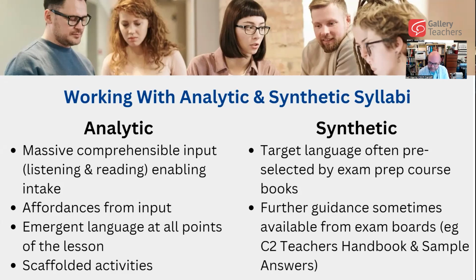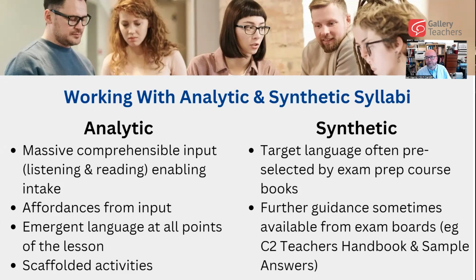Compare that with the synthetic syllabus. This is where the focus is on those little chunks of language, the present perfect today, the present perfect continuous later this week, chunks of target language that you see a lot in most course books, and also in exam prep books. Now, in terms of the synthetic syllabus, there is further guidance in terms of the kind of language and the kind of functional ability that the learner is required to have.